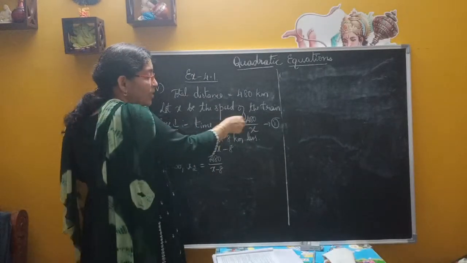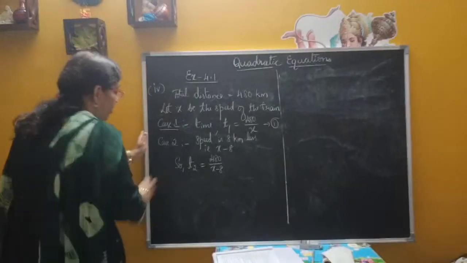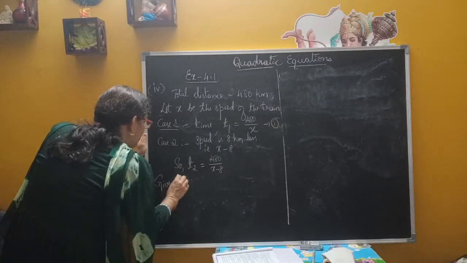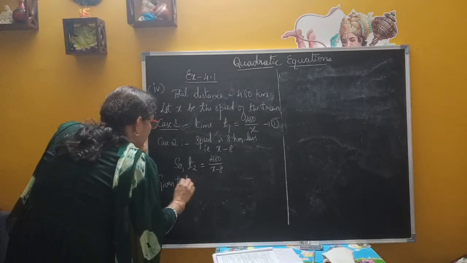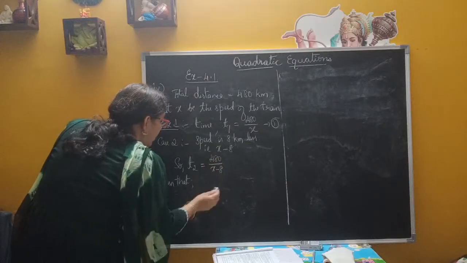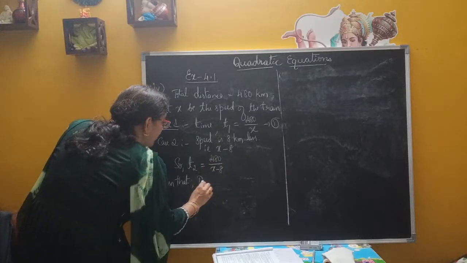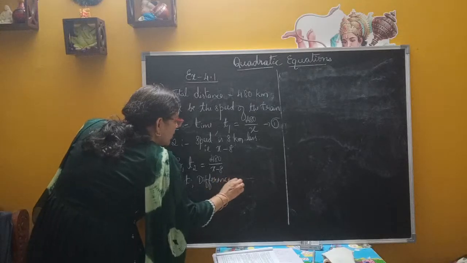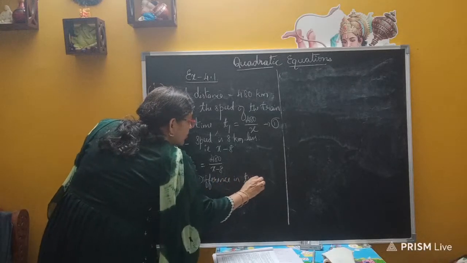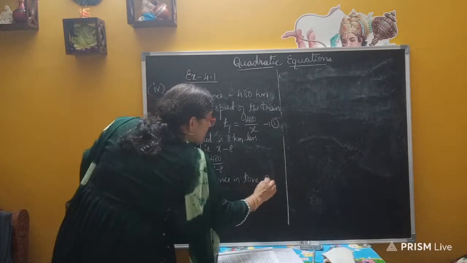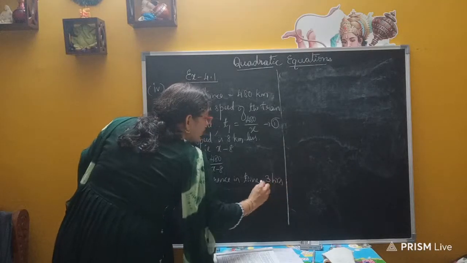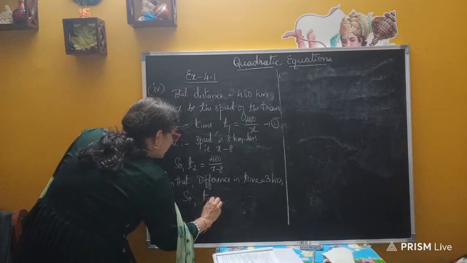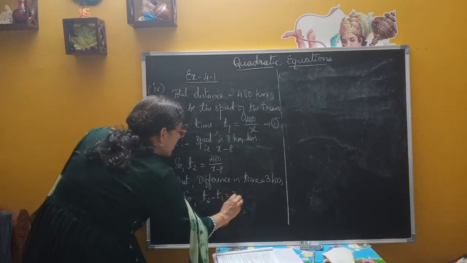So the difference between the time taken in the second case and the first case is 3 hours. So we can write t2 minus t1 is equal to 3.